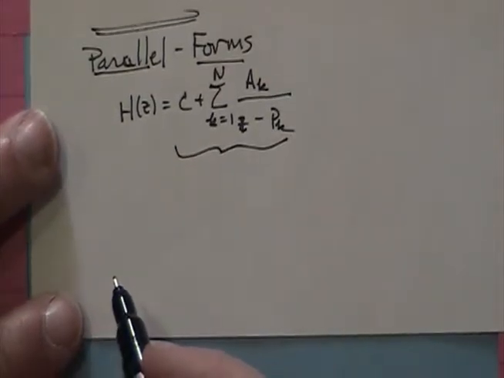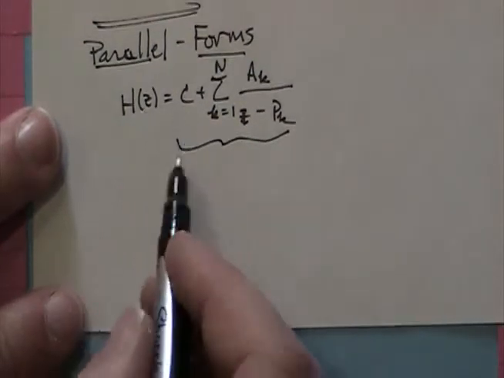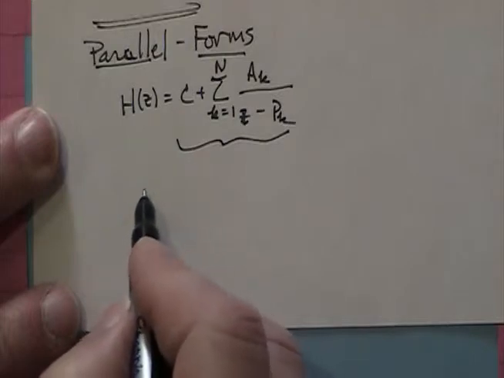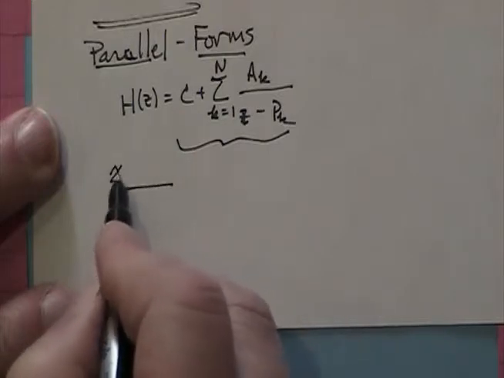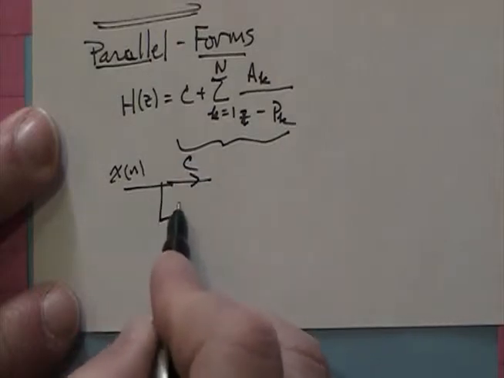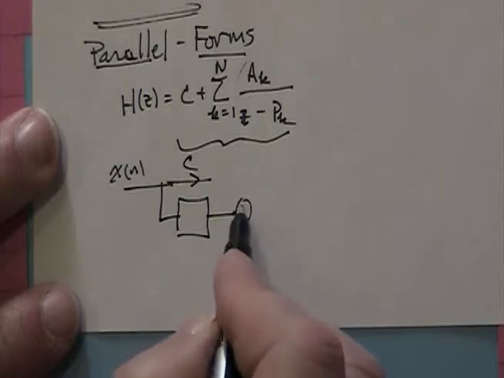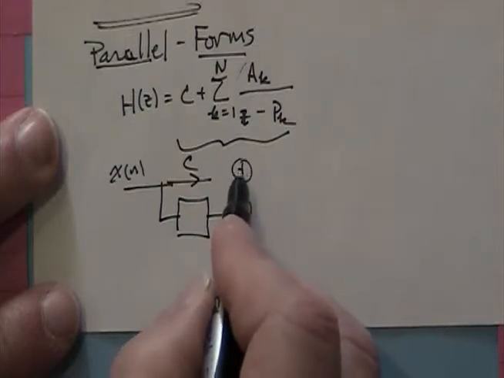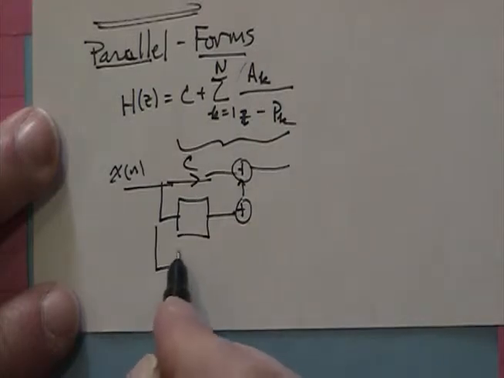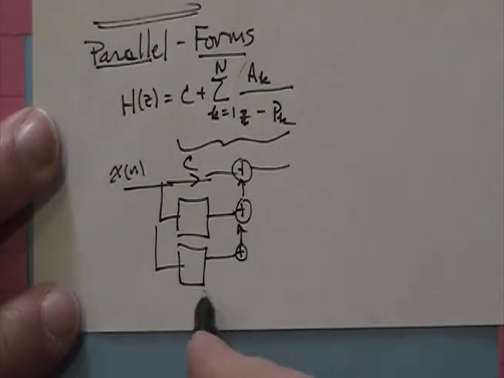Pretty simple idea here is if I can get a partial fraction expansion, that means I can implement this filter by using a whole lot of low order filters in parallel. X of n is just scaled by a factor of c. I'm going to filter by the first stage here, and then I just add up all my filter outputs. Filter the same input by a second stage, and so on.